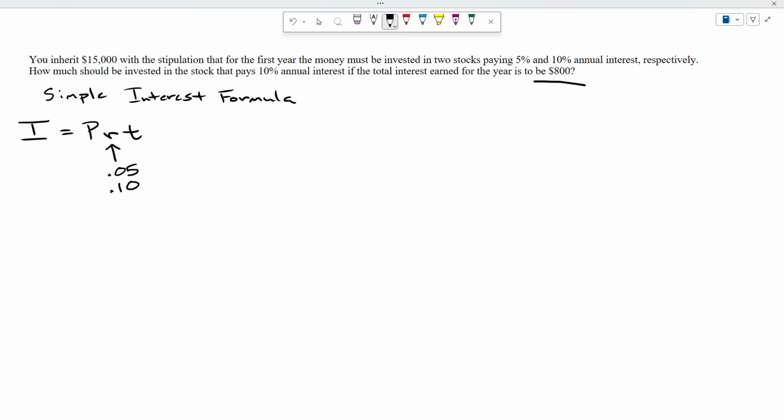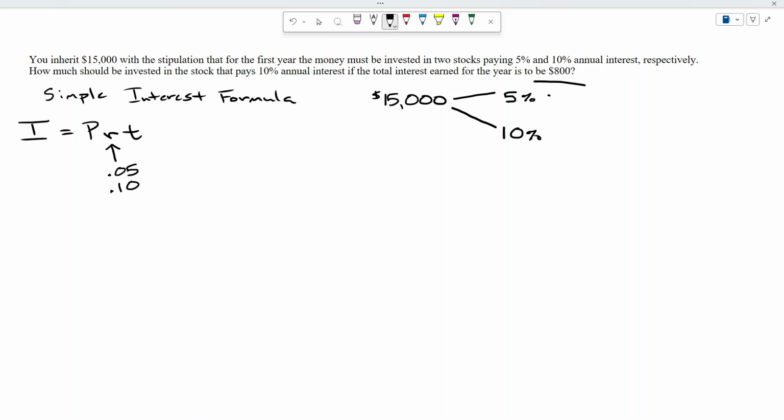All right, and then I'm going to, just so we have a small little visualization of what it's asking. So we're inheriting 15,000, and then for the first year, all of that 15,000 is being divvied up between two stocks, one that pays 5% and one that pays 10%.